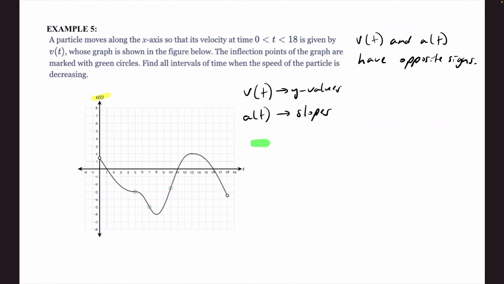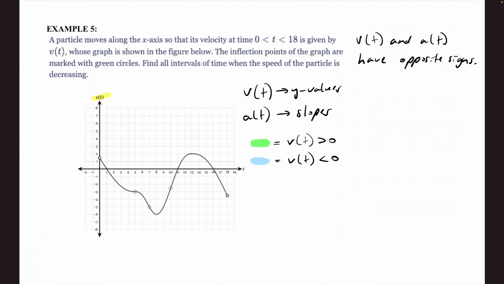Green, I'll say that velocity is positive. Light blue, I'm going to say velocity is negative. Okay, so at the very beginning, at 0, is velocity positive or negative?